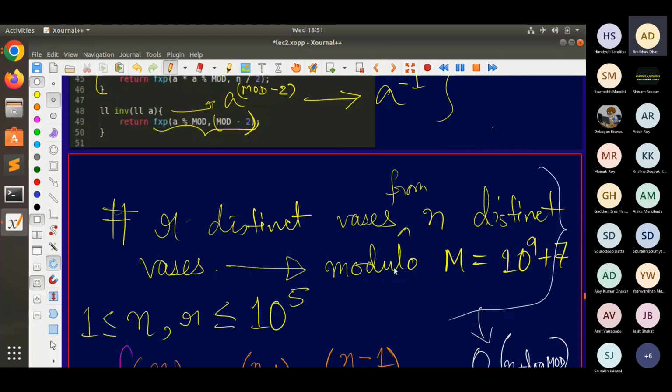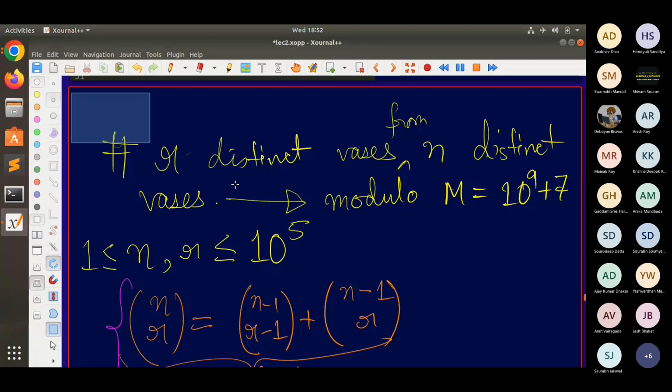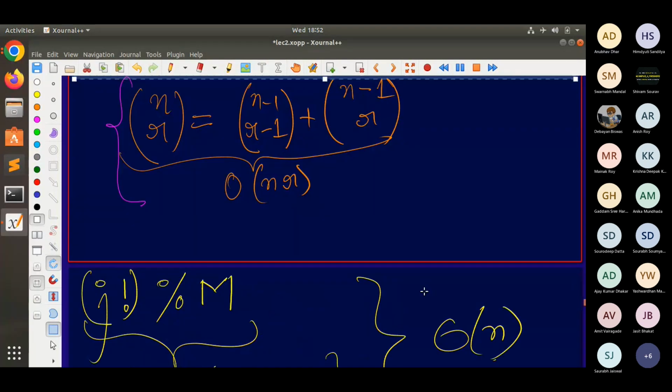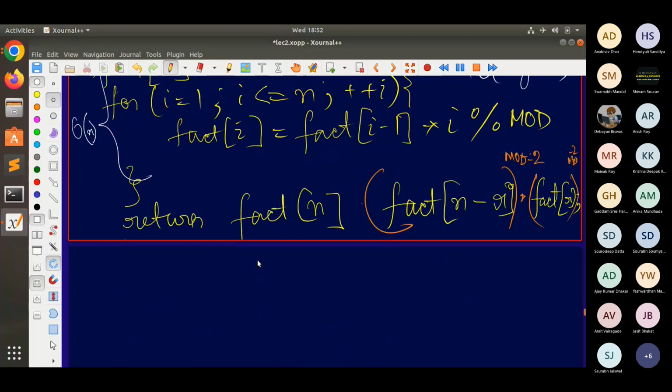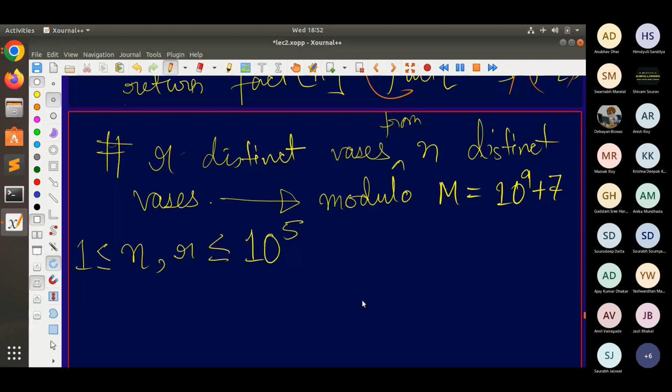Now we can modify this question a bit. You will be given q queries of this type.